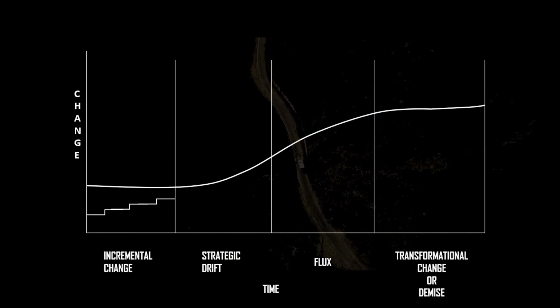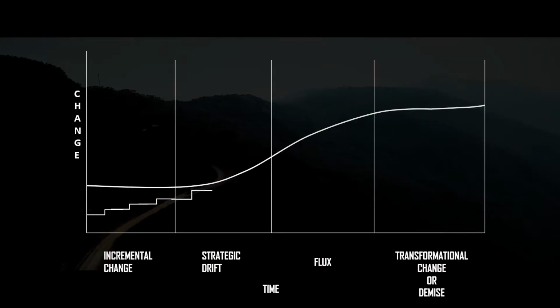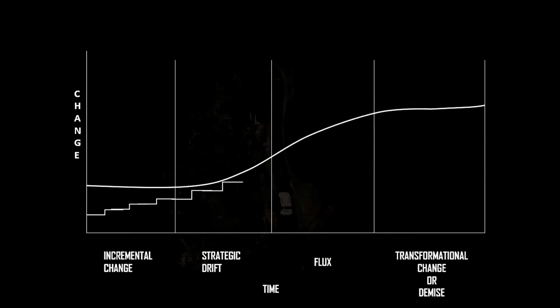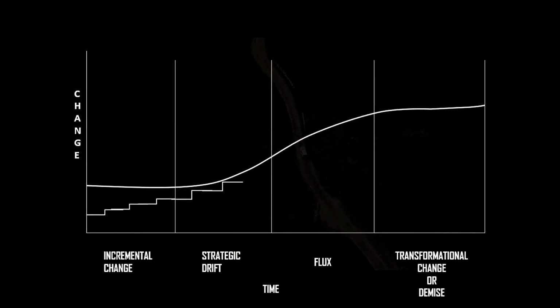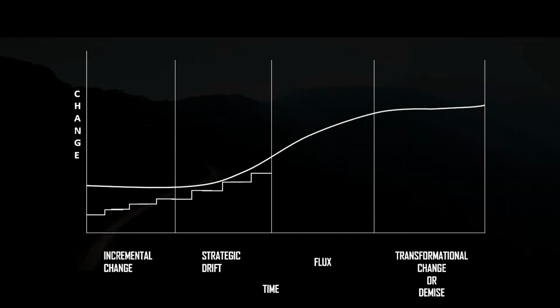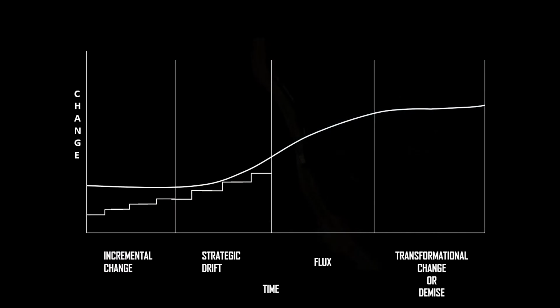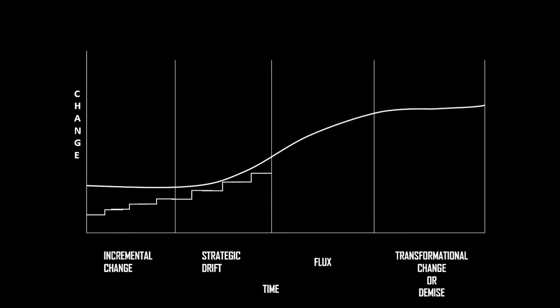In the second phase, you need to start drifting. If you don't change at all, or if you keep changing at the level you were changing in phase 1, you are going to feel a little bit of a financial hit. It is actually pretty easy to ignore all the signs you are getting from the market.